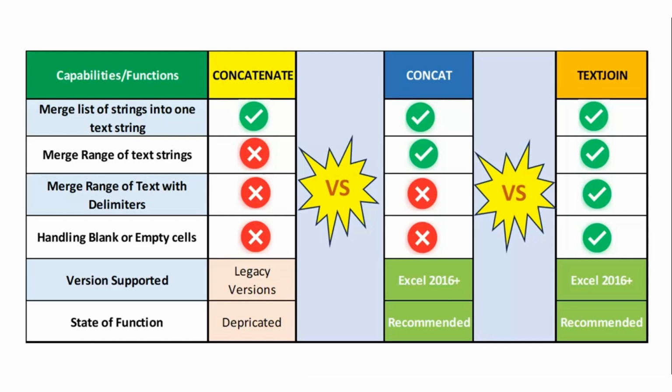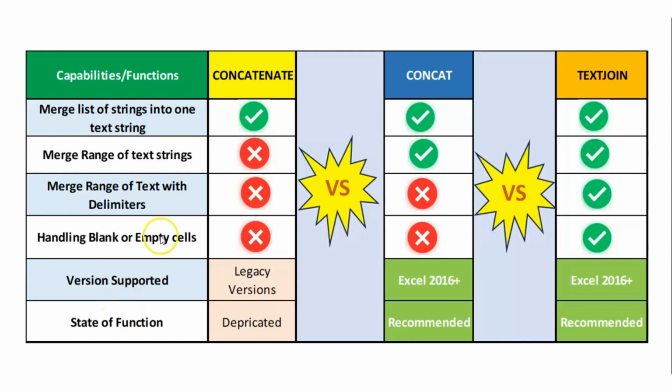Moving to the next capability, merge range of text strings: concatenate is an old function and it lacks handling of range of text strings, whereas concat and TEXTJOIN do support the capability of merging range of text strings.